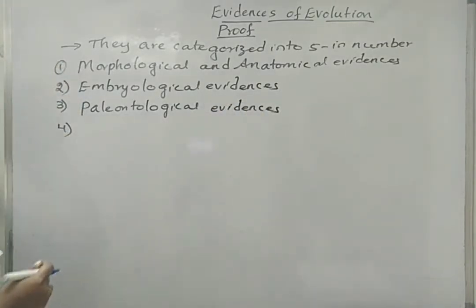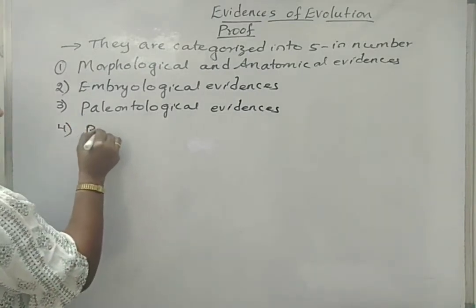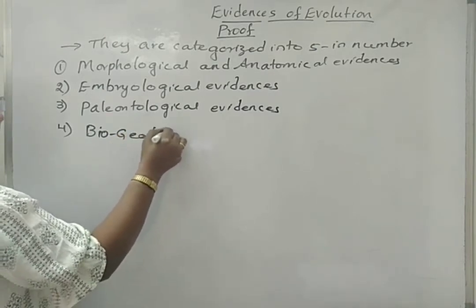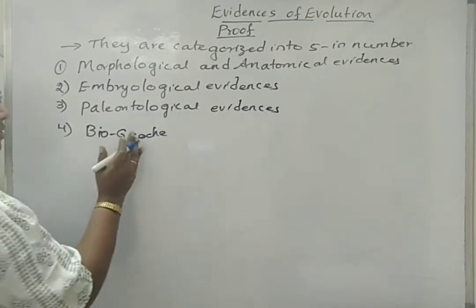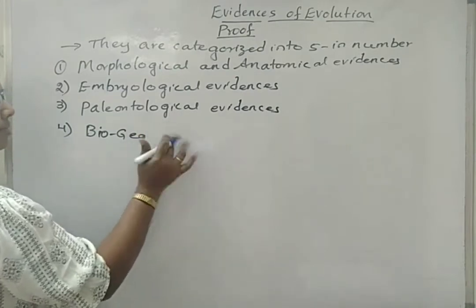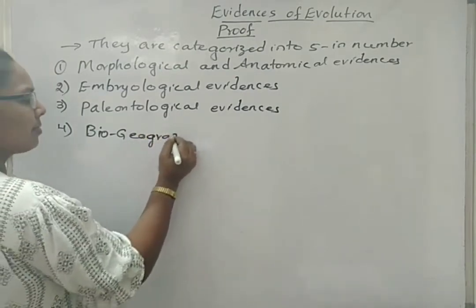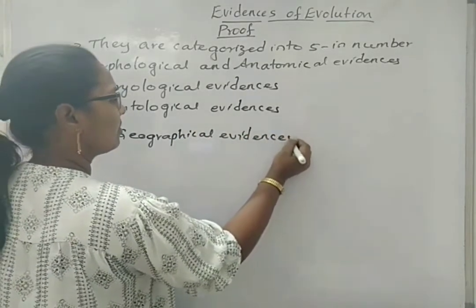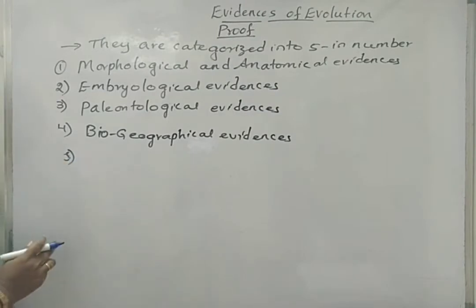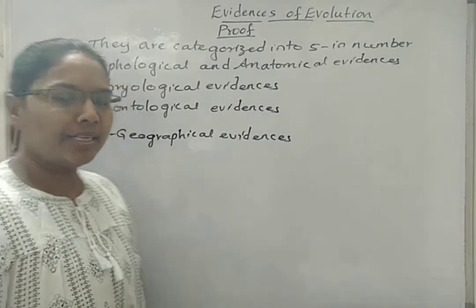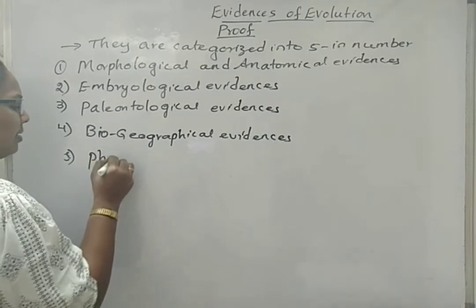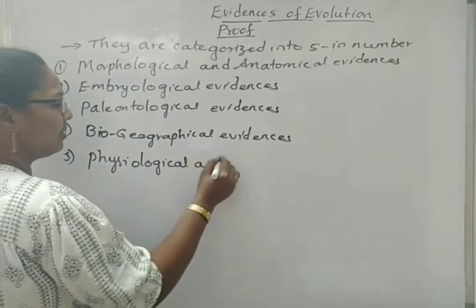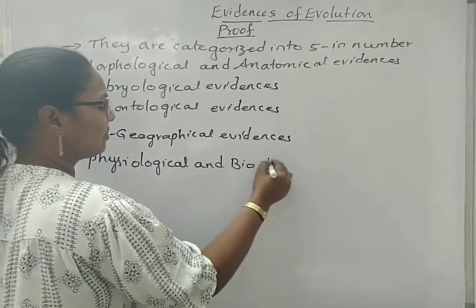Fourth one, biogeographical evidences. Fifth one is physiological and biochemical evidences.